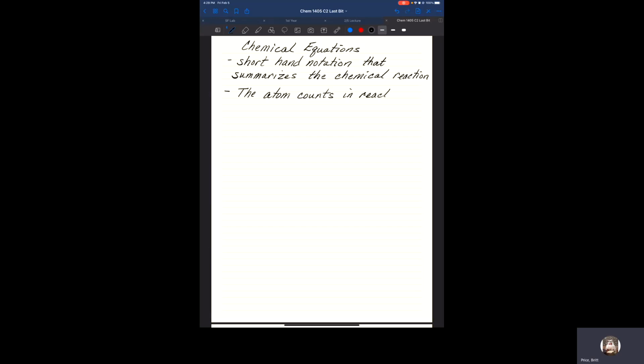So the atom counts in the reactants must match the atom counts in the products.